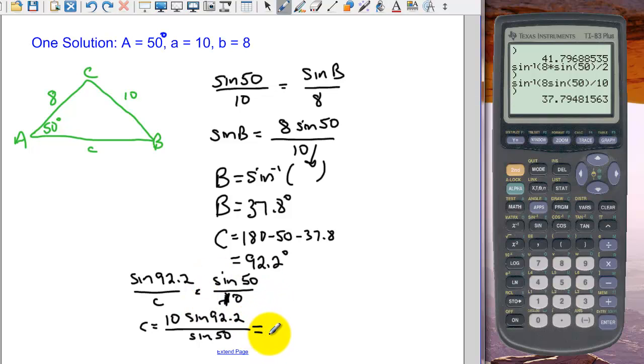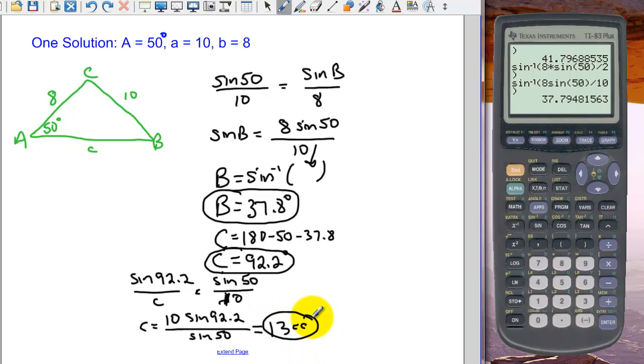This video is going long, so let's get that, and we get approximately 13. So we have our first solution, which has B, this is C, and this is side C. Now we need to check whether there is a possible second solution.